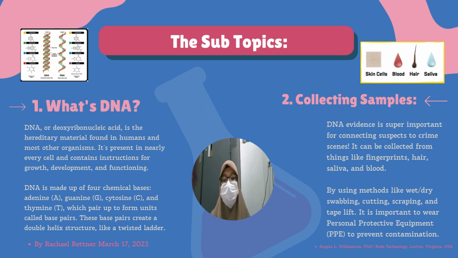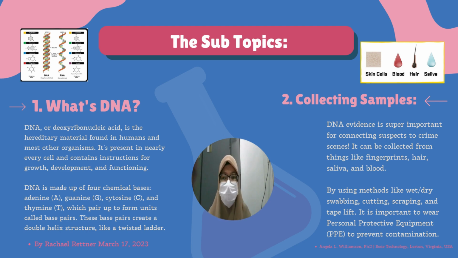But today we're going to focus on the human body, and this DNA is inside the blood cell, and the blood cells have four chemical bases, which are A for adenine, G for guanine, C for cytosine, and T for thymine. And the structure of the DNA is like a twisted ladder.